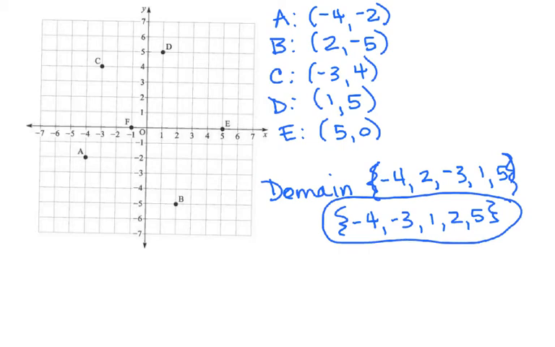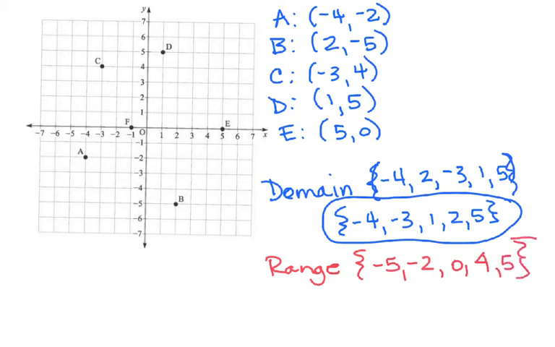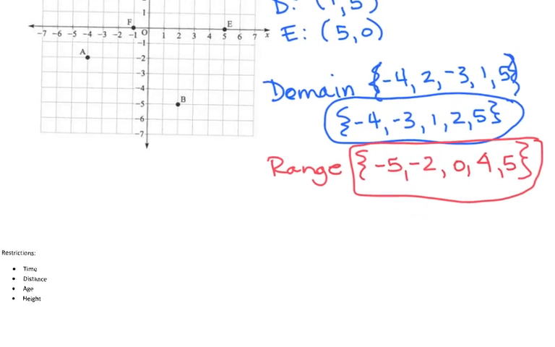The range, we're going to take all the y values because that's all the outputs, and I'm going to try to put this in order as I go: -5, -2, 0, 4, 5. So you can have a graph like that and be asked to look for the domain and the range. And again, the domain is all the x's that possibly went into it, and the range is all the possible y values.